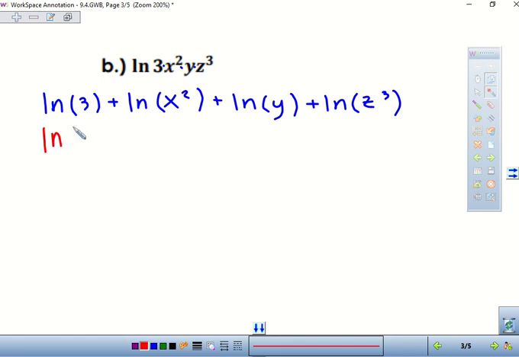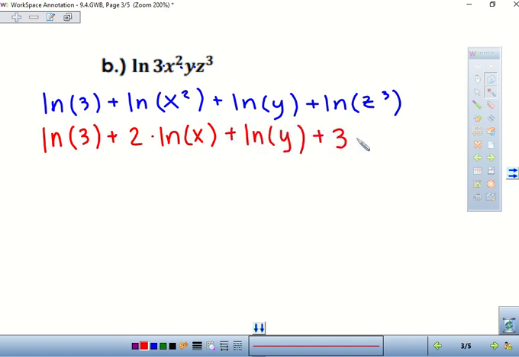Bring them out front. If you have an exponent, bring it out front. So that's what we call logarithmic expansion. Gets bigger. And that's fully expanded at this point. So any questions about logarithmic expansion?